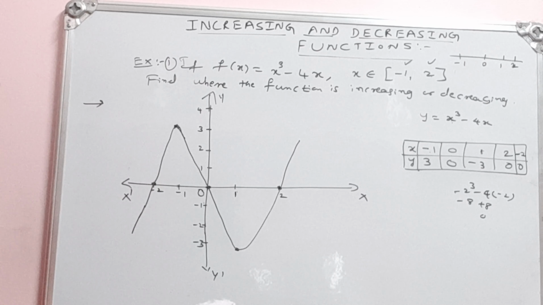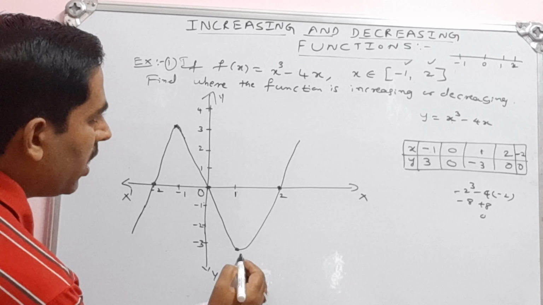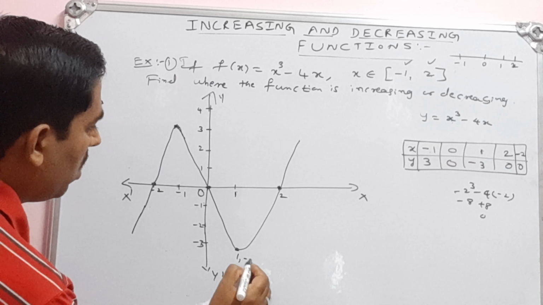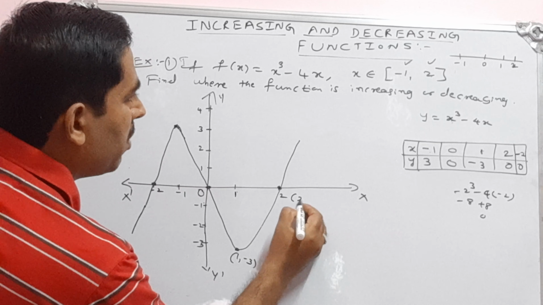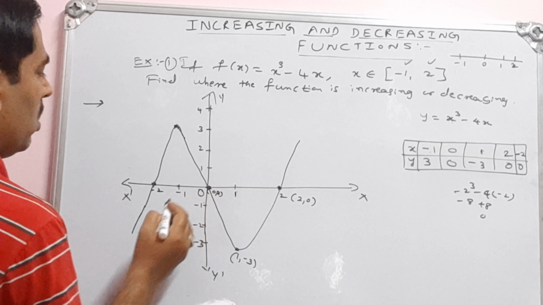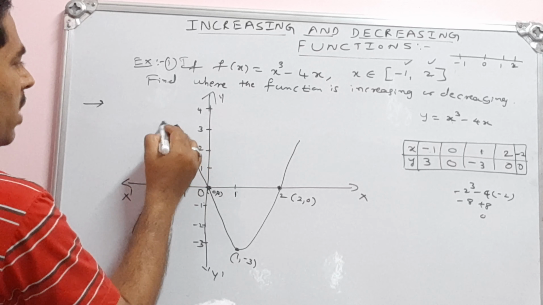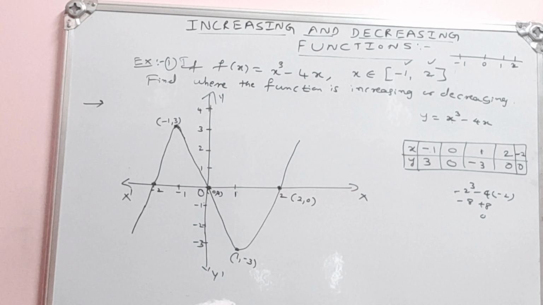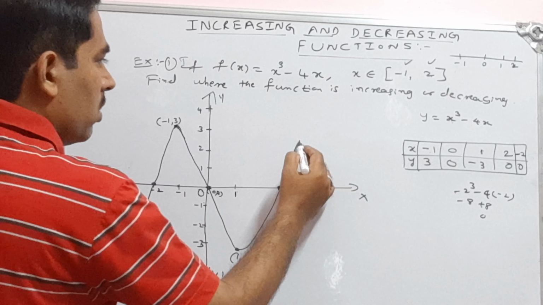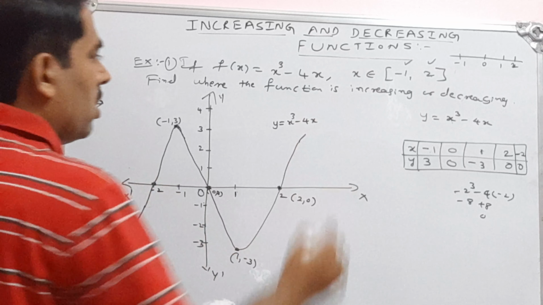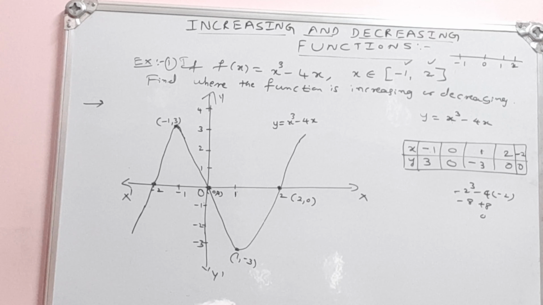Observe: this point is 1, minus 3, this is 2, 0, this is 0, 0, and this one is minus 1, 3. So this is the graph of the function y is equal to x cube minus 4x.